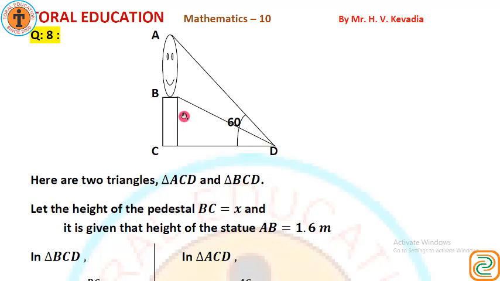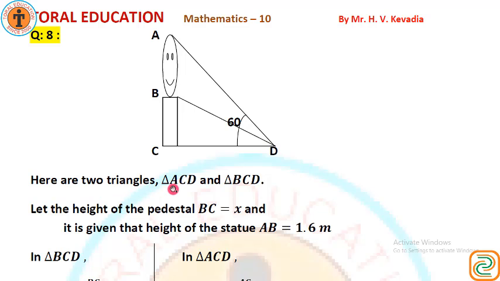Pedestal means this platform. We need to find the height of this platform BC. This is the statue, the angle is 60 and the pedestal angle is 45. That means angle BDC is 45.